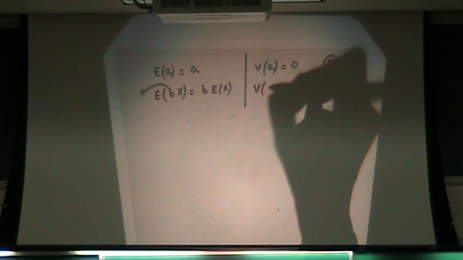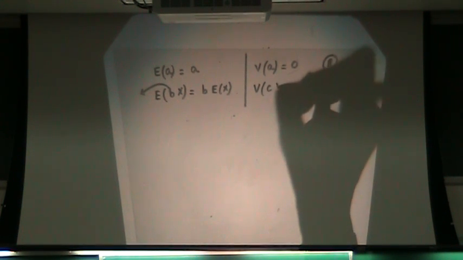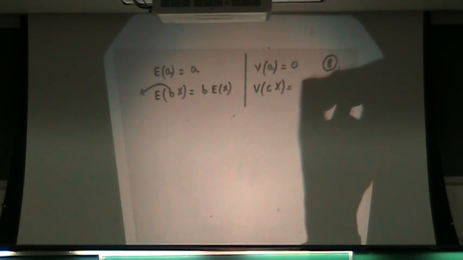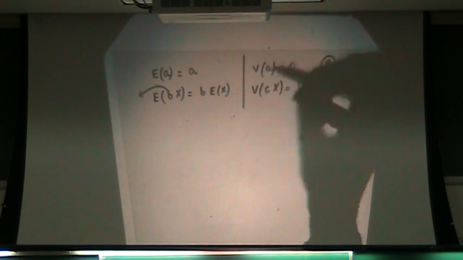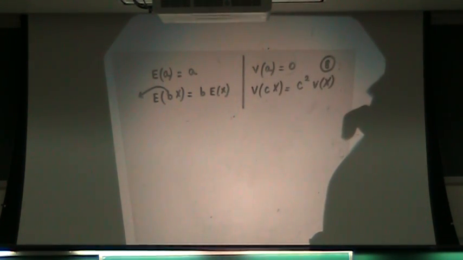And variance of a constant times x would be c squared variance of x. So this is the only one that's different. Not only do you pull out the constant, but you square the constant.